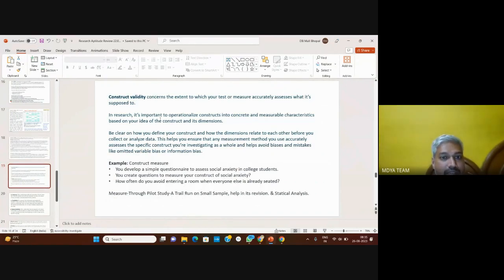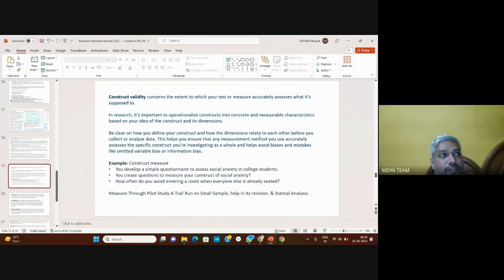In research, it is important to operationalize a construct into concrete and measurable characteristics based on your idea of the construct and its dimensions. So be clear on how you define your construct. Means when you prepare a questionnaire, you should be very clear while defining your construct, your question, and how the dimensions relate to each other, right? Dimension means you can break it into different parts.